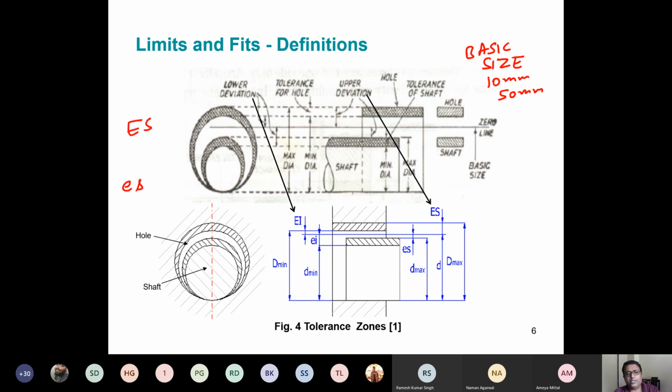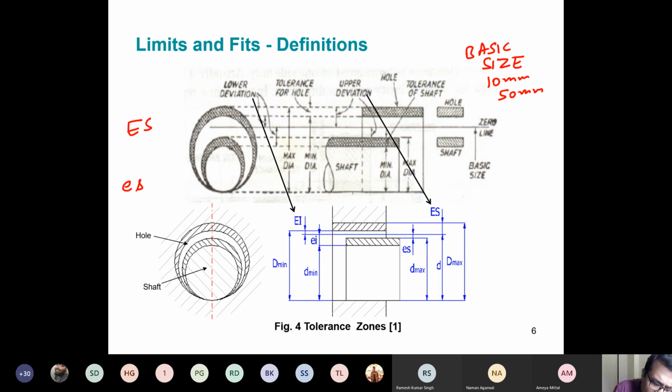So these are the definitions. This is how you actually write the upper deviation. So upper deviation is the topmost point. The upper deviation is capital ES and the lower deviation is EI. So S is for basically surface.